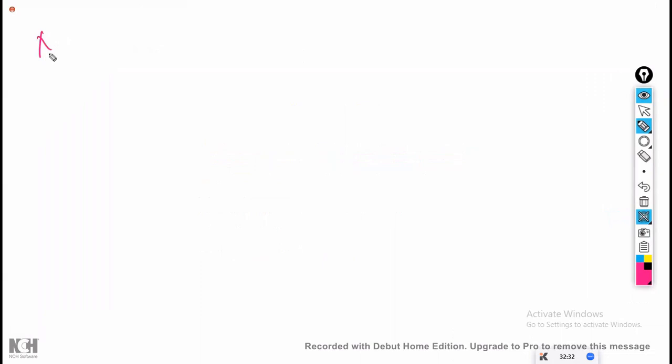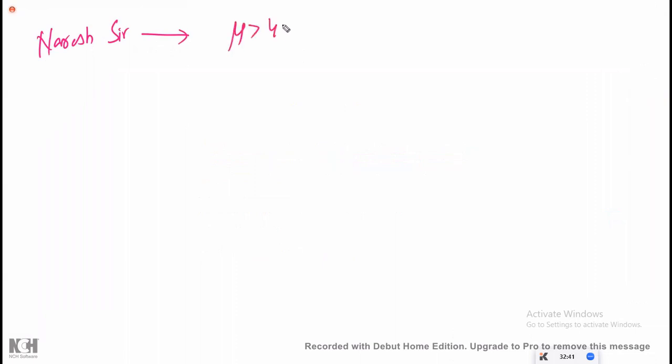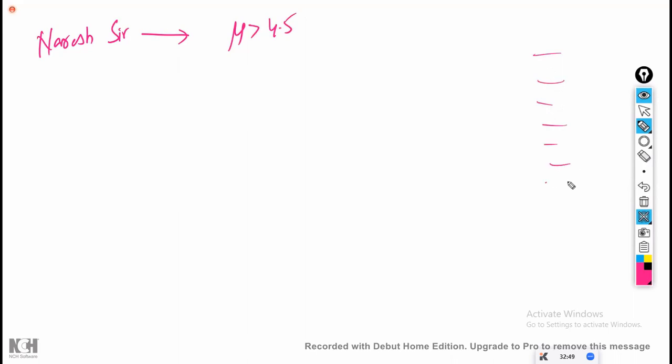Naresh sir is assuming that SRK is a good trainer with a feedback of 4.5. Whether it is correct or wrong, he will take feedback from a few students and analyze whether this statement is correct or wrong. If it is wrong, immediately he is going to remove the trainer.